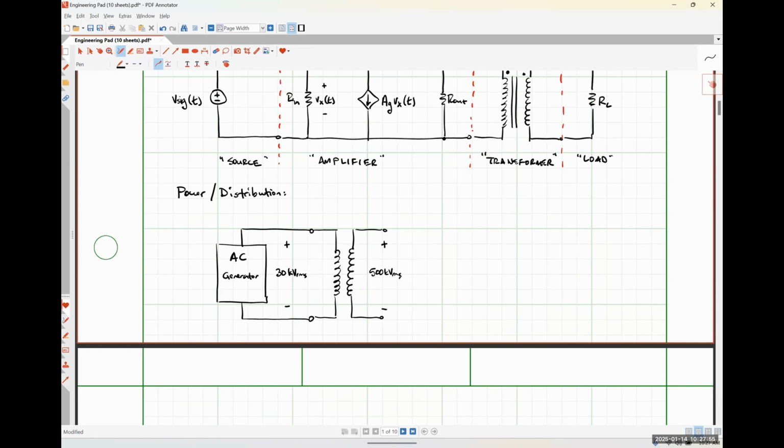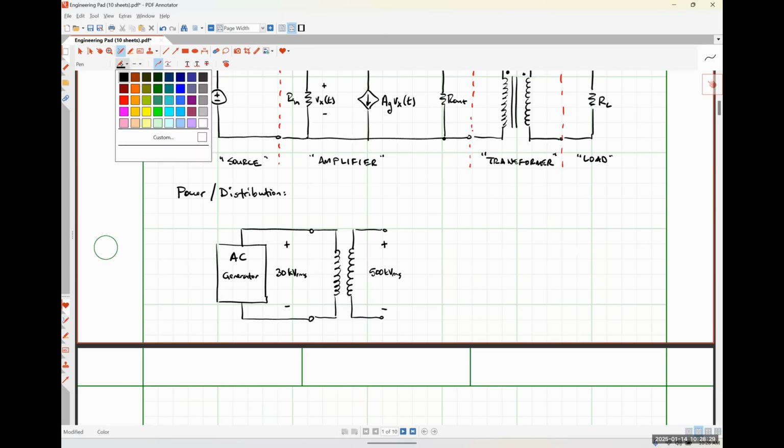Typically speaking, when electricity is transmitted over very long distances, we step it up to incredibly high voltages because the higher the voltage we transform it to, the smaller the current is, which means we deal with less I squared R or ohmic losses, which means our system is running more efficiently. So it's more cost effective to transmit power over very long distances if you step it up to really high voltages. It's not until it literally comes into your home that it is no longer on a kilovolt size voltage, which we'll get to in a moment.